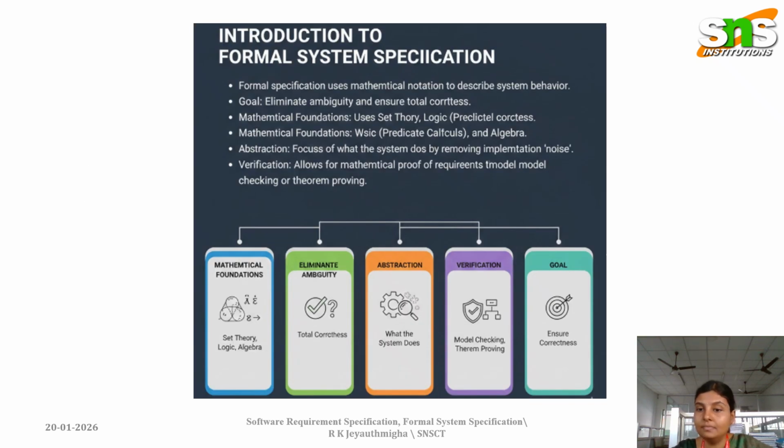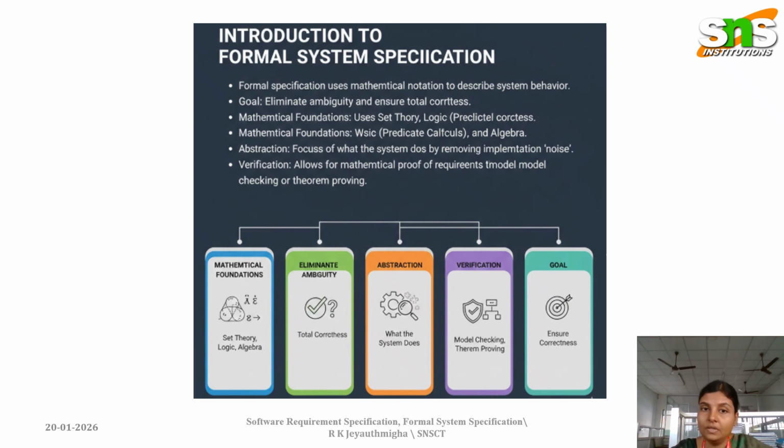Introduction to formal system specification. The formal specification uses mathematical notation to describe system behavior. The goal is to eliminate ambiguity and ensure total correctness.